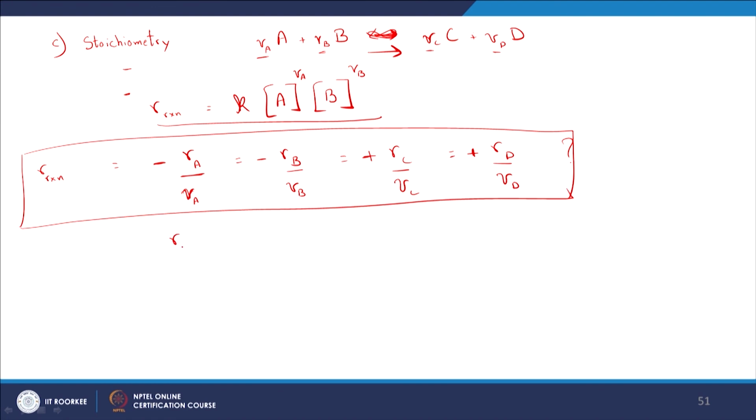This means that the rate of A is equal to minus, because it is being lost, the stoichiometric coefficient of A into the rate of your reaction. And for example, the rate of D would be plus because it is being formed, the stoichiometric coefficient of D into the rate of the reaction. And the rate of the reaction is what we have here. So, this is your basic stoichiometry.